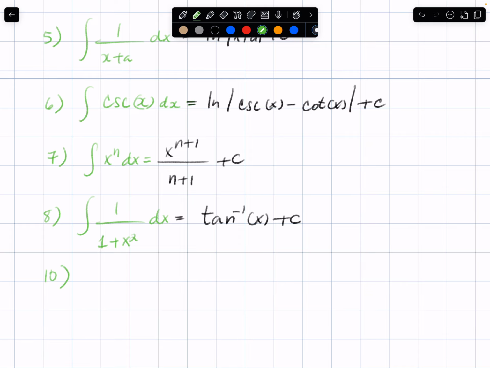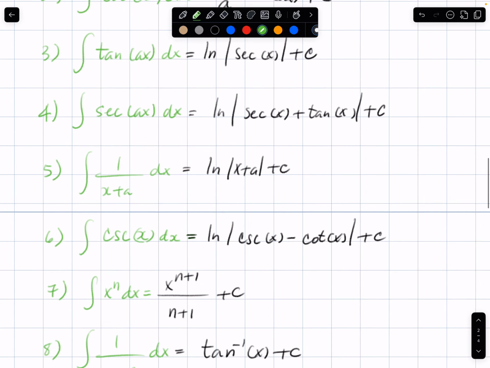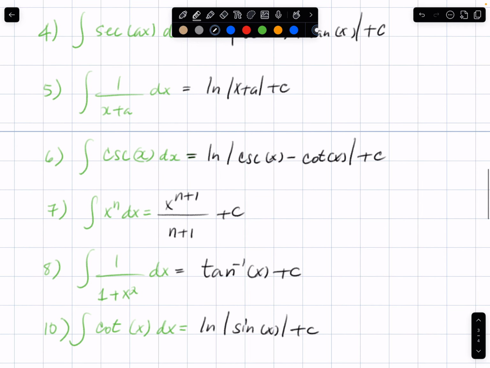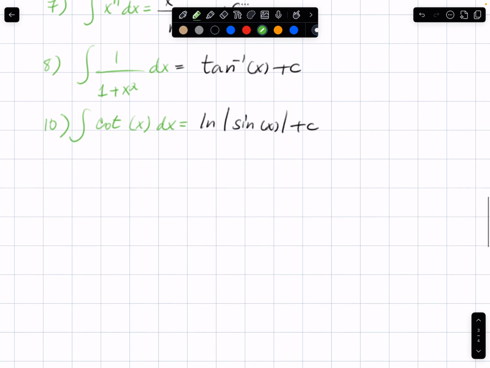Number 10, the integral of cotangent. Let me make sure I'm not repeating some stuff. Cotangent of x dx turns into the natural log of absolute value of sine of x plus c. Okay, let's see.